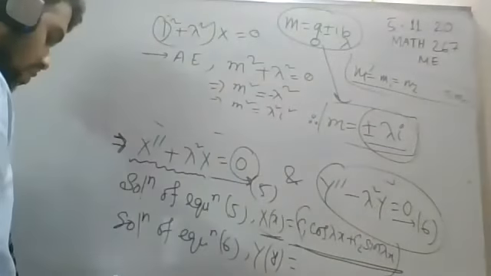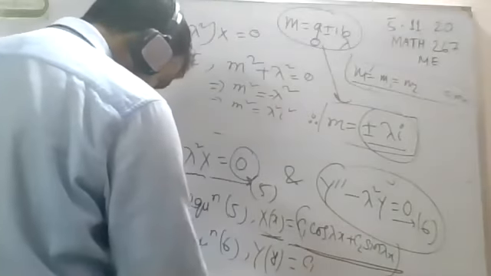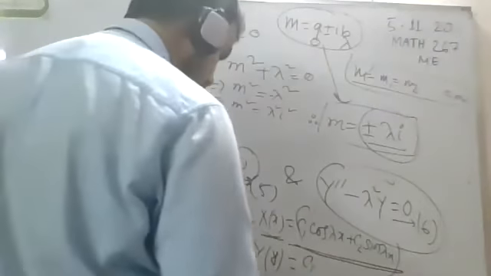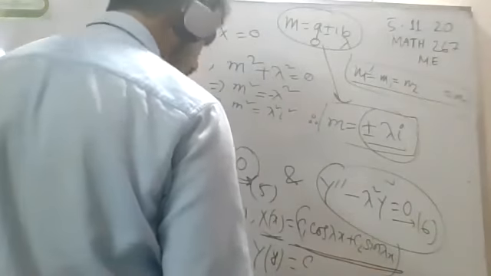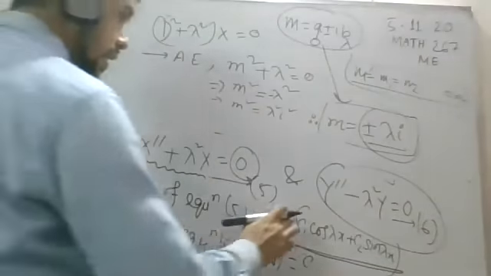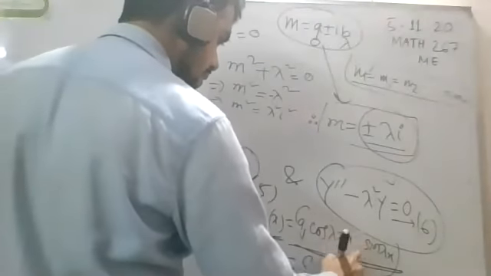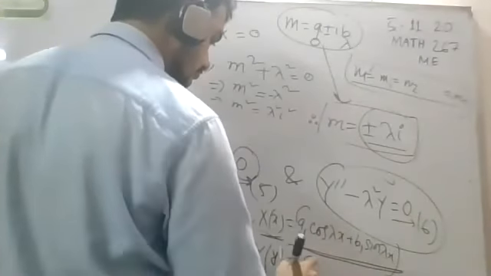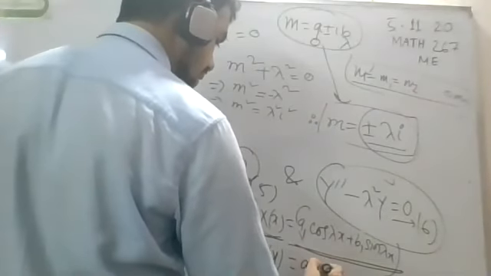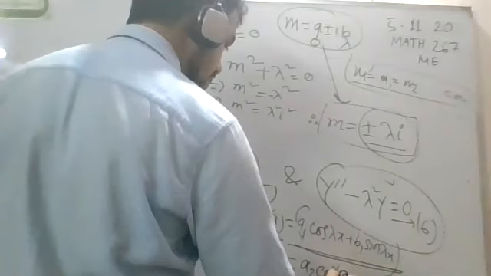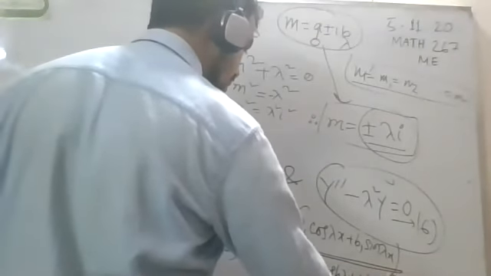Suppose this is a1 and this is b1, constants, and for this equation you can say this is a2 cos hyperbolic lambda y plus b2 sin hyperbolic lambda y.